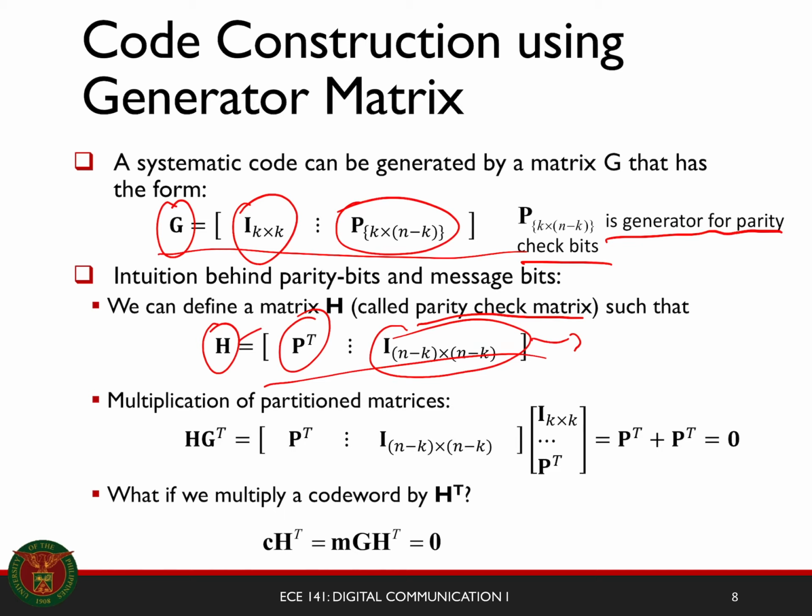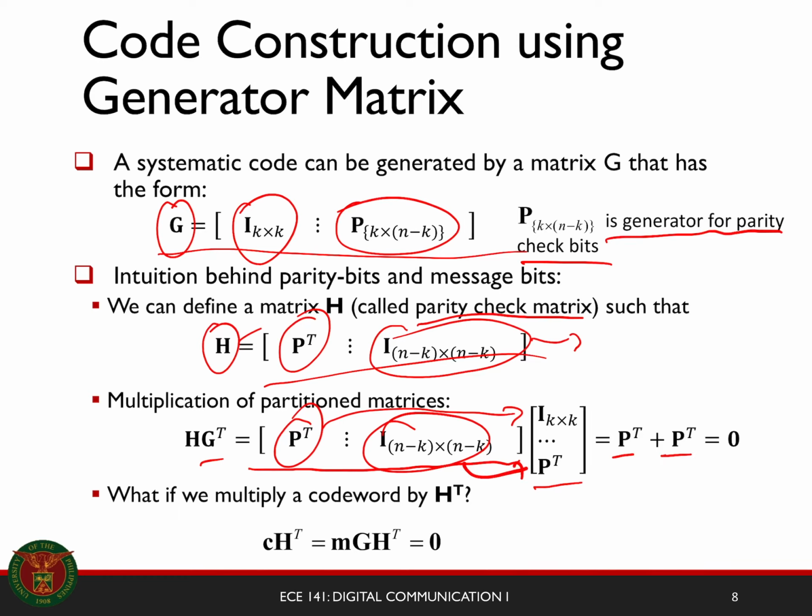Now the property of multiplying your parity check matrix by the transpose of your generator matrix: if you multiply the parity check matrix by the generator matrix transposed, multiplying by the identity matrix gives you the same matrix, P transpose.